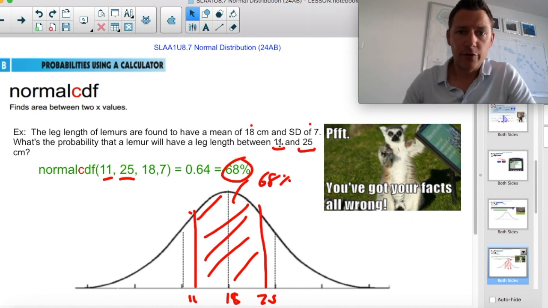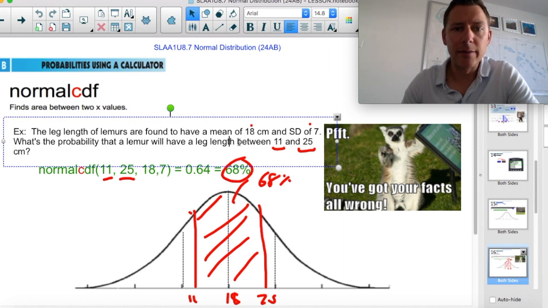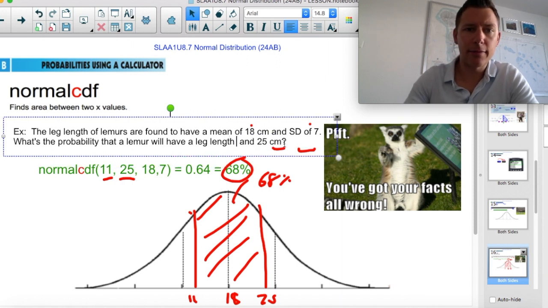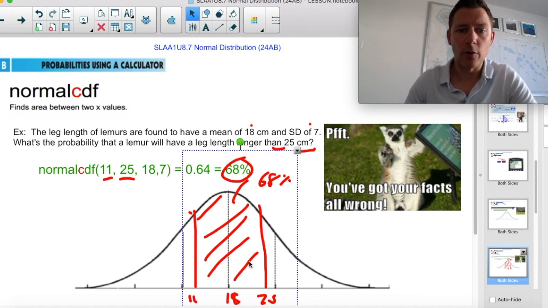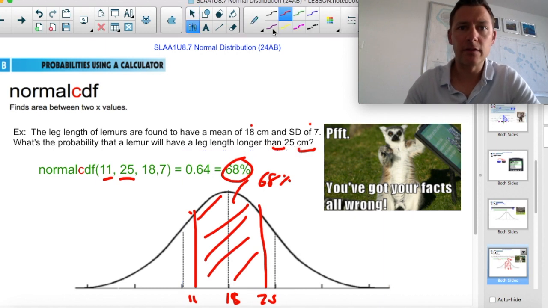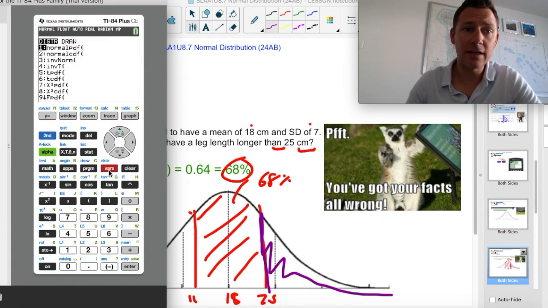If for some reason they said, what's the probability that the lemur will have leg length longer than 25 centimeters, so I want this from here up, then you do the same thing. Because it's CDF, you're still adding.